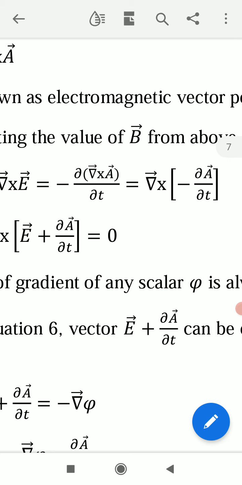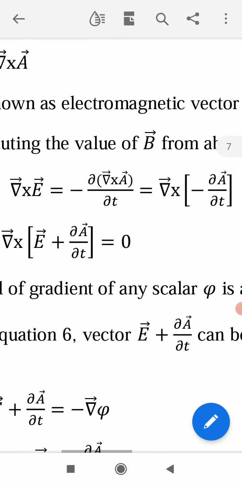Del vector has components delta upon delta x, delta upon delta y, delta upon delta z. It has three components which are differentiation with respect to x, y and z. So x, y, z and t are independent of each other.